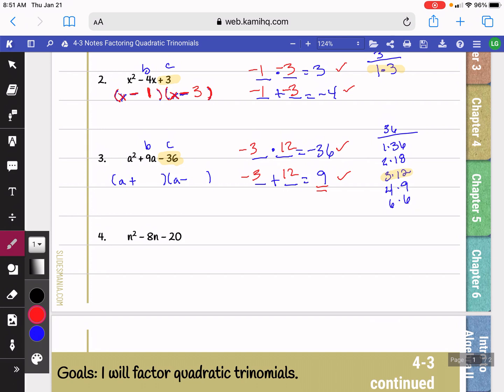So here, I can put the positive 12. And here I can put the negative 3. Doesn't matter the order that you write your factors. You could also write it a minus 3 and a plus 12. It's up to you. Both will mean the same thing.